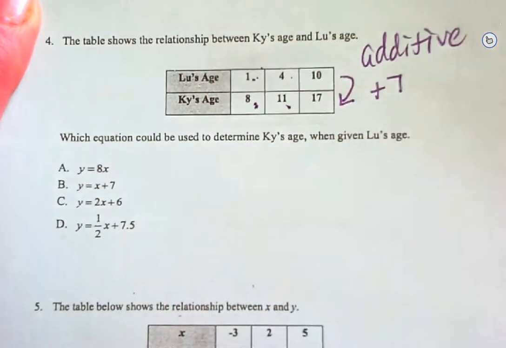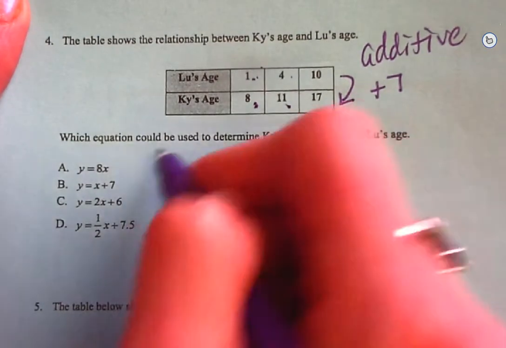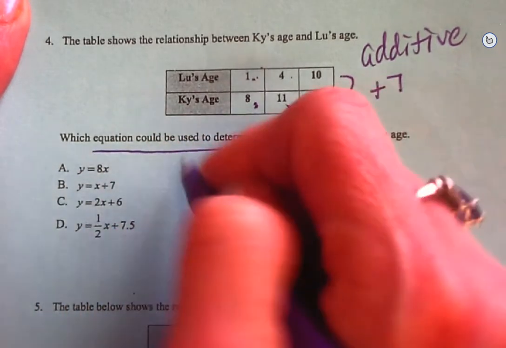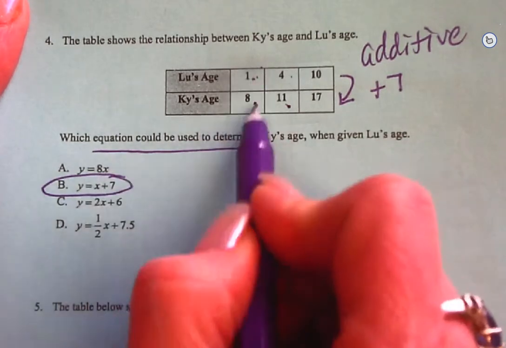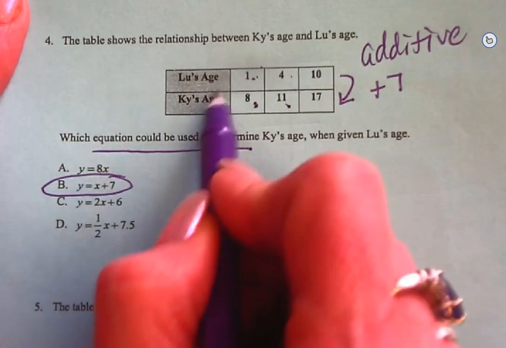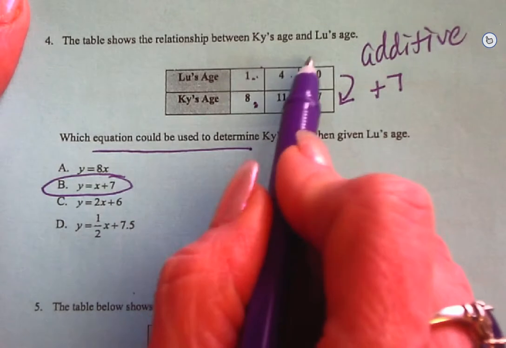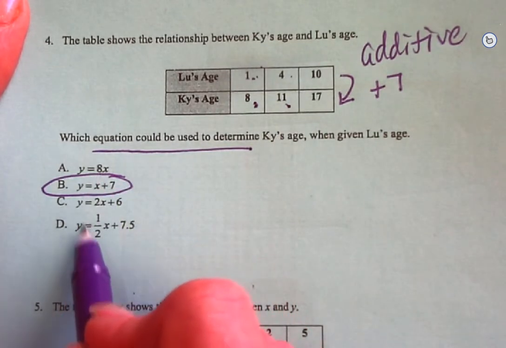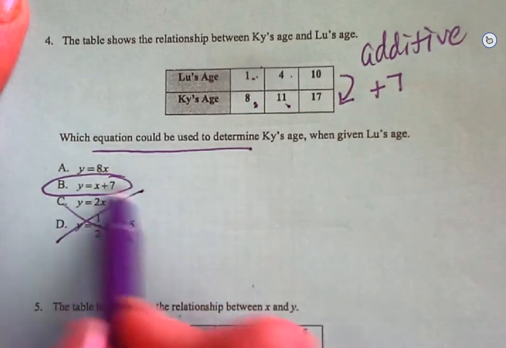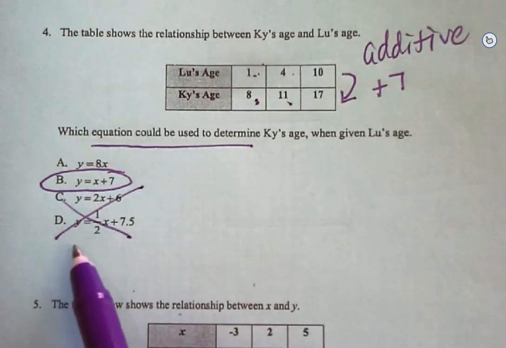I'm adding 7. So my equation would be y equals x plus 7. See how somebody might get 8x? If they looked at the first one and they didn't look at the rest of the table, they might get y equals 8x. And then these you don't even have to do yet. That's more 8th grade math where you have 2 different things happening.